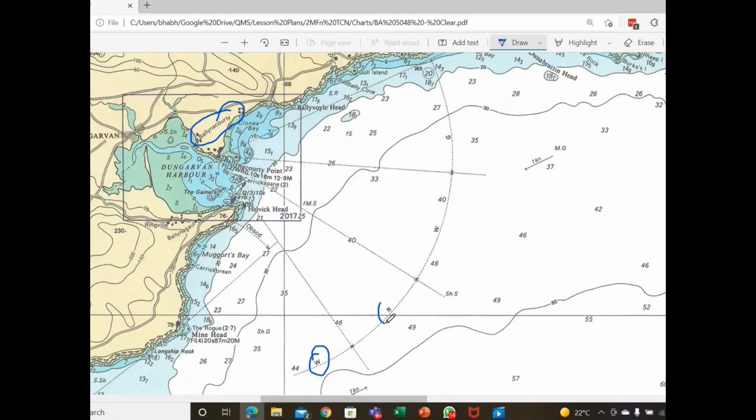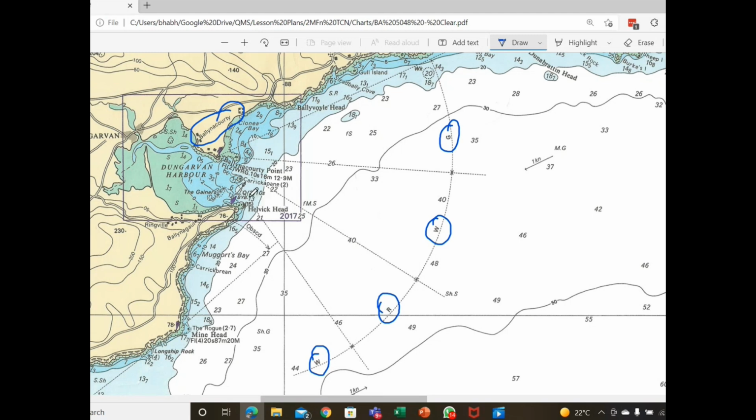Then you can see the red sector here. Again, this is the white sector, and this one is the green sector. So it is represented by these letters W, R, W, G.